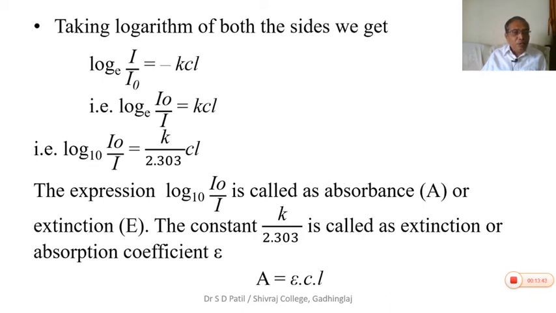Converting into general logarithm, log(I0/I) = K/2.303 Cl. The expression log(I0/I) to the base 10 is called absorbance A or extinction E. The constant K/2.303 is called the extinction or absorption coefficient. So A = εCl. The extinction coefficient is represented by epsilon in this case.